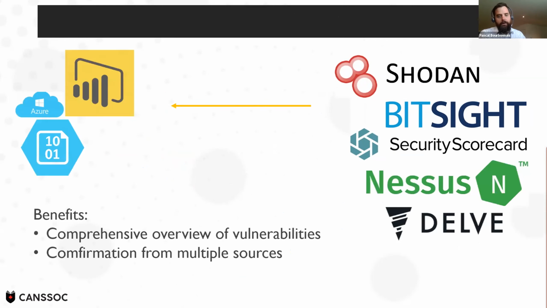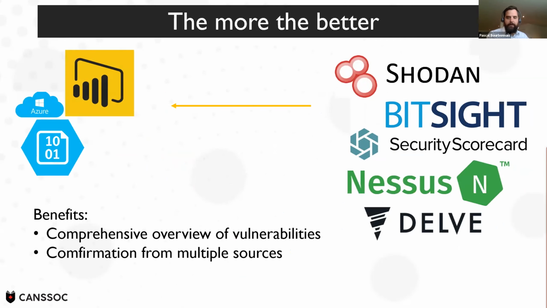And in the future, we plan to also integrate Delve to do the web application scanning. And the benefit of that is that by doing a cross-reference of multiple solutions, you're more sure you're not looking at a false positive, because multiple software are reporting the same issue.